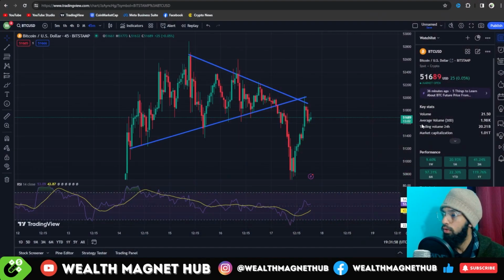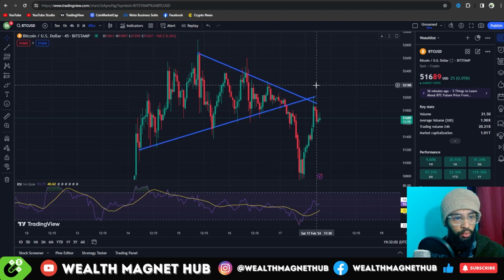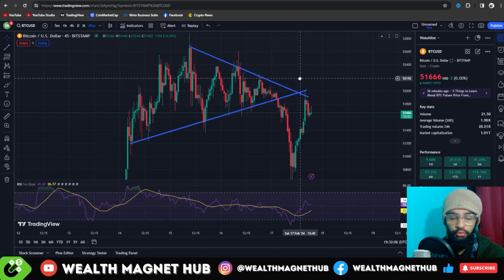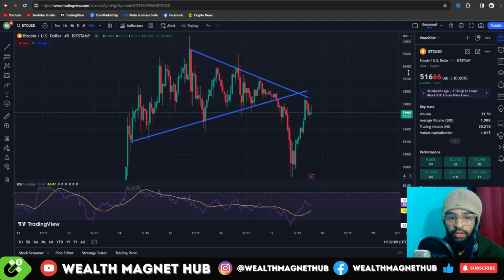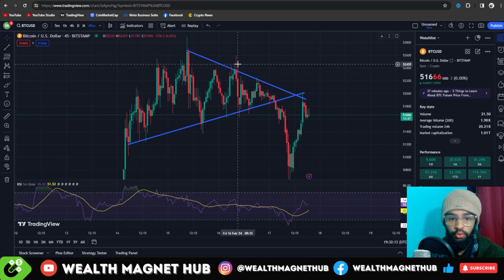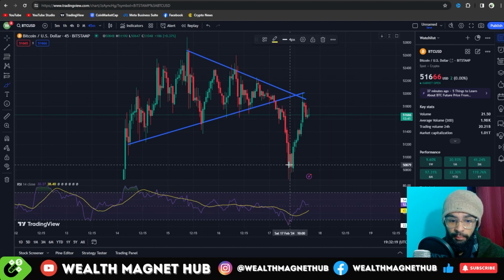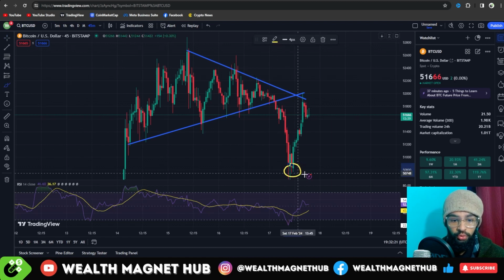So if we move over and change this scene, we are on the Bitcoin USD chart, on the 45-minute time frame for now. As you can see right here, we did see a symmetrical triangle forming in Bitcoin, and we have seen the breakout, and we are even back from that. This was our lowest point.